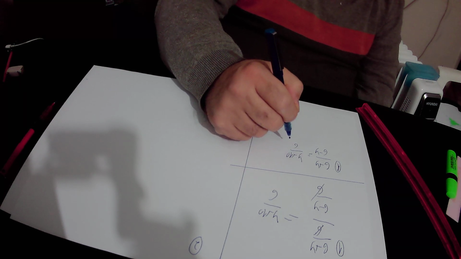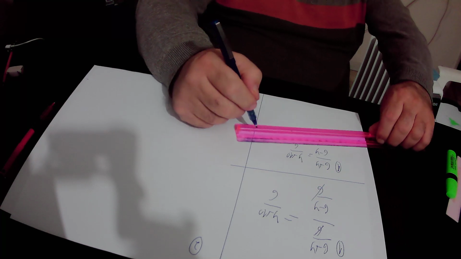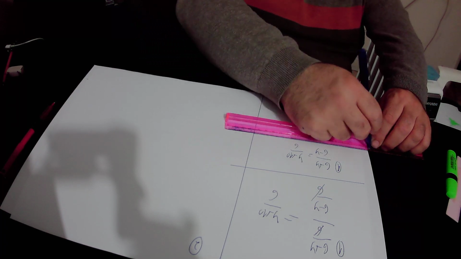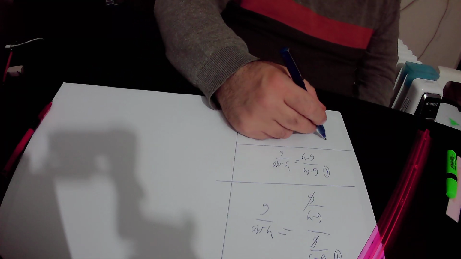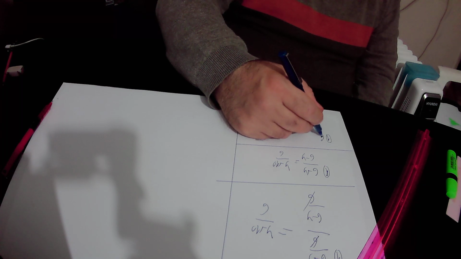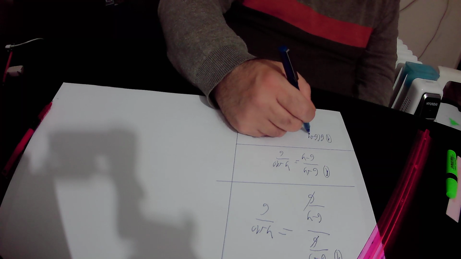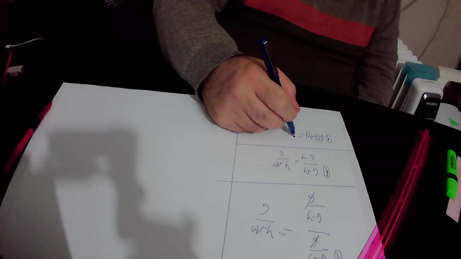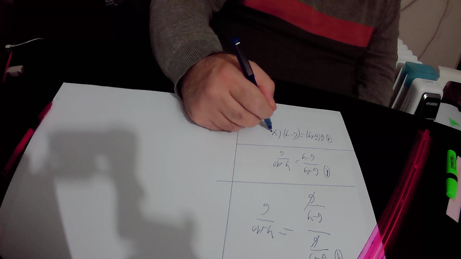Here we cross multiply, and we get 6 times (6 plus y) is equal to (6 minus y) times (y plus 10).